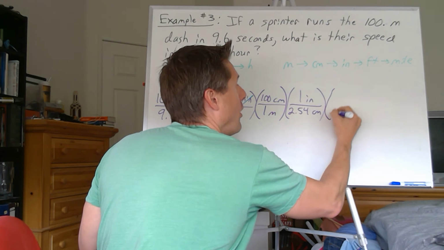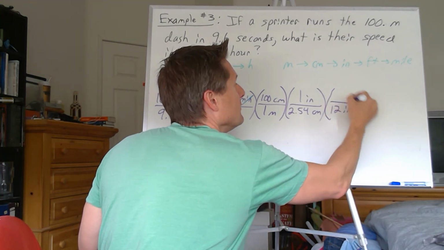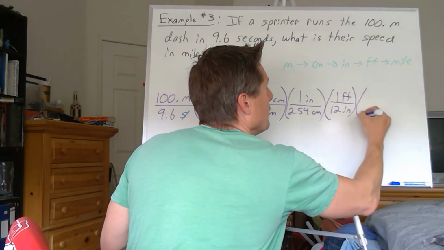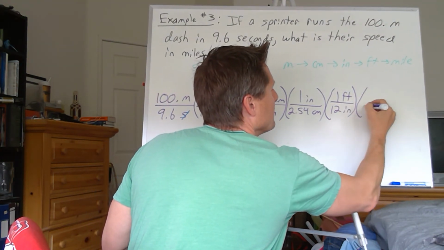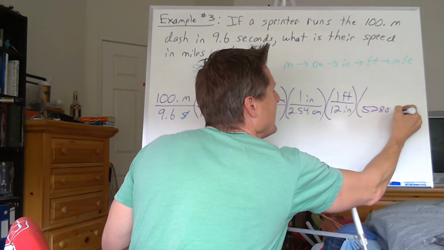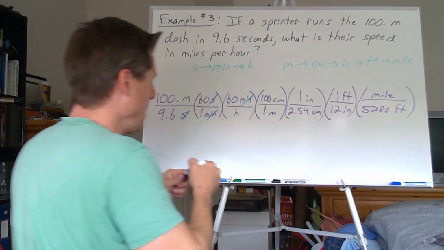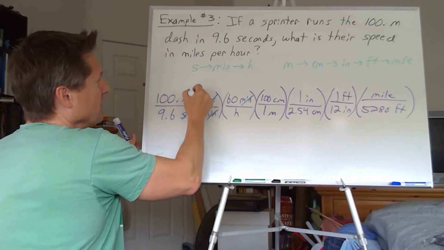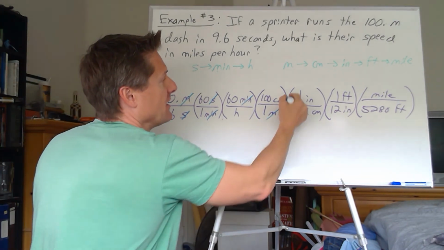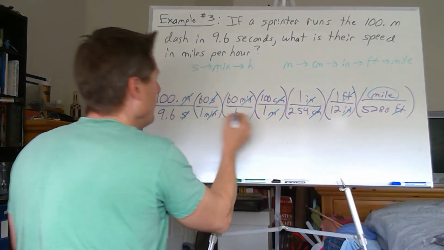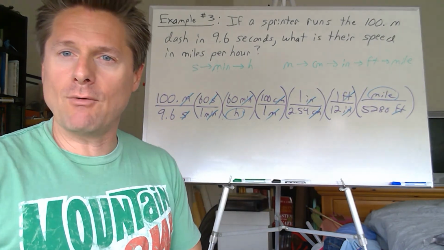And then there are 12 inches per foot, right? And then hopefully you know there's 5,280 feet per mile. So meters in the numerator cancels out meters in the denominator, centimeters, inches, feet. We have miles per hour.